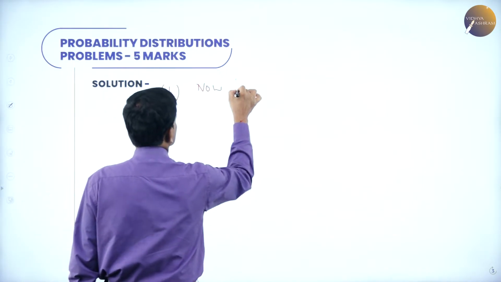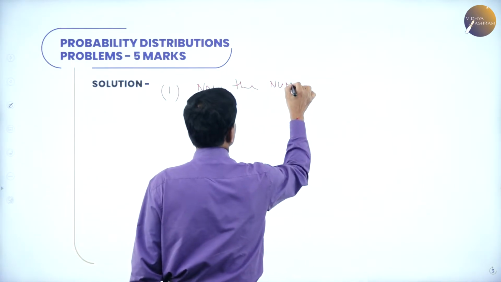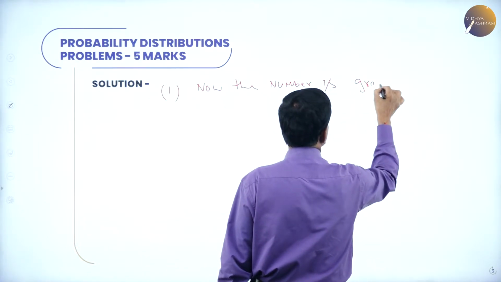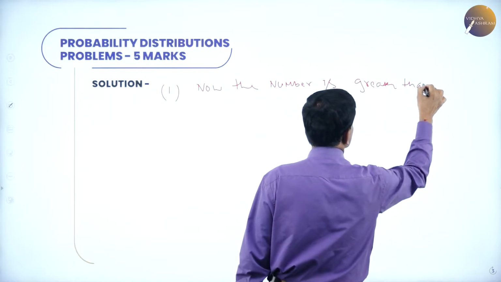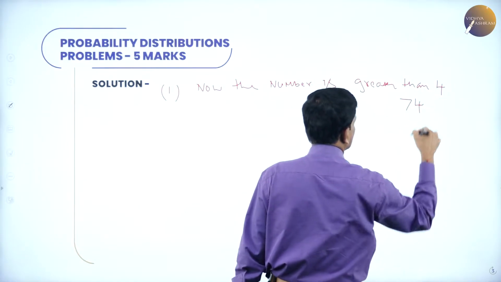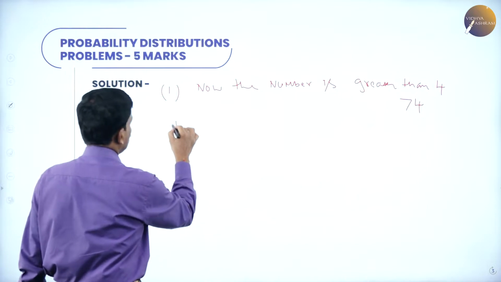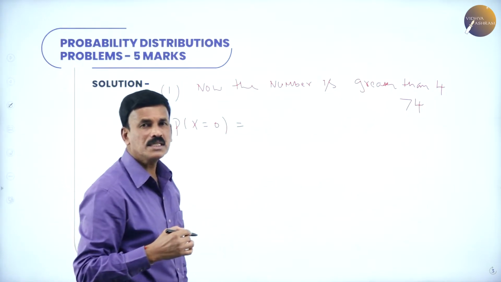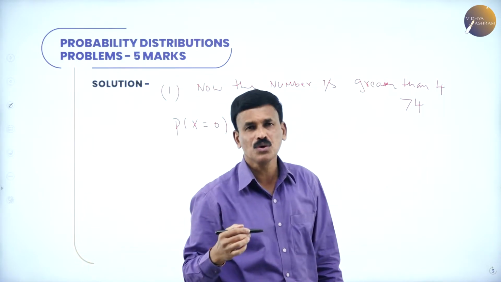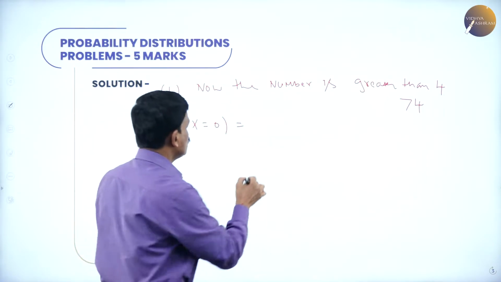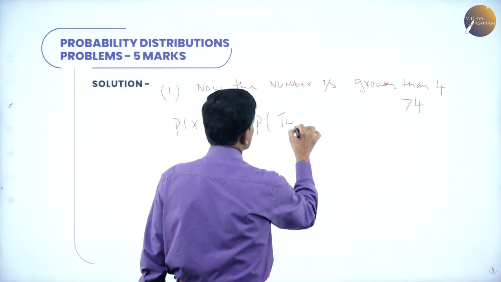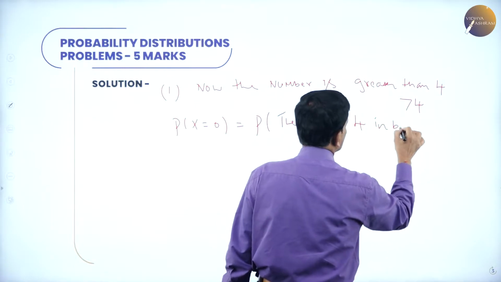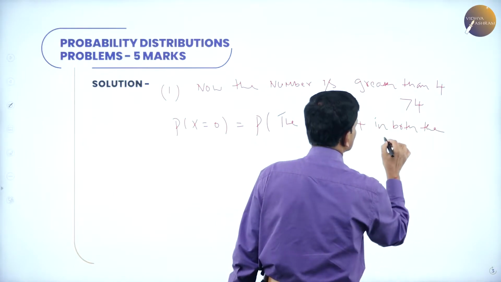Now, the number is greater than 4. Now, the cases: probability of x is equal to 0.